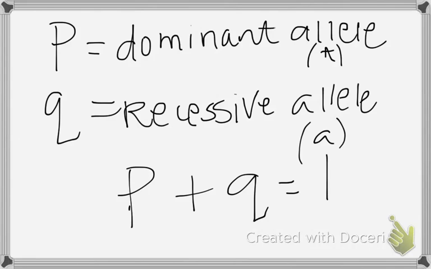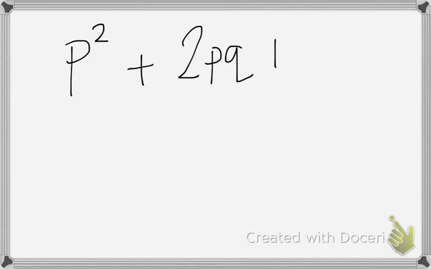The second formula, and you want to write this down, says that all the people that are homozygous dominant plus all the people that are heterozygous plus all the people that are homozygous recessive, that's 100% too.